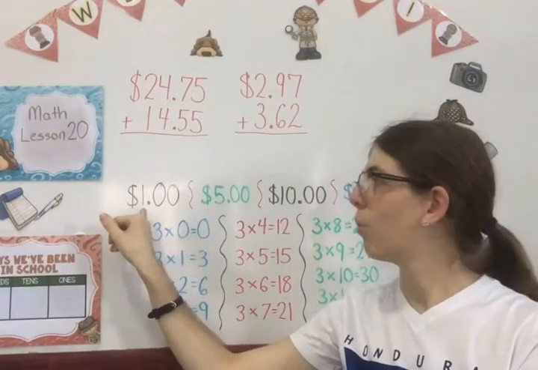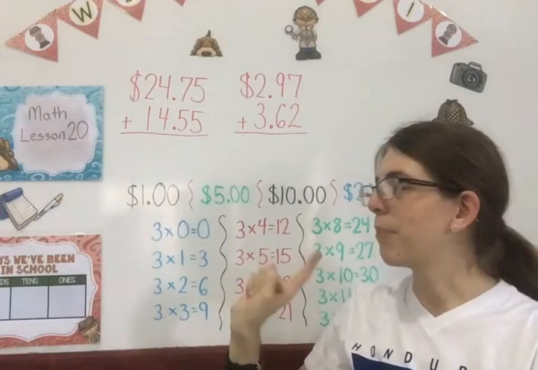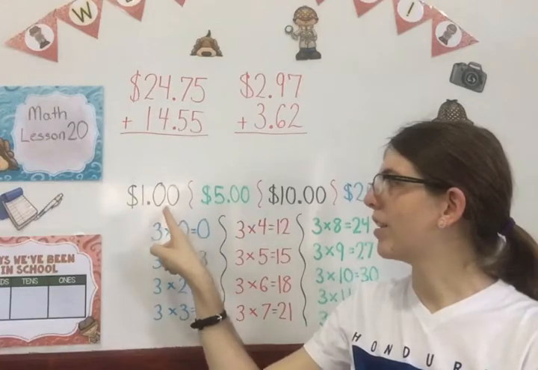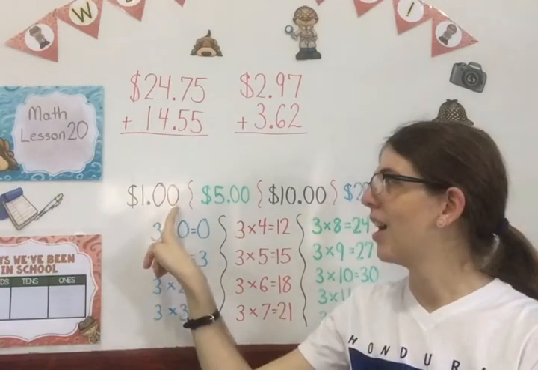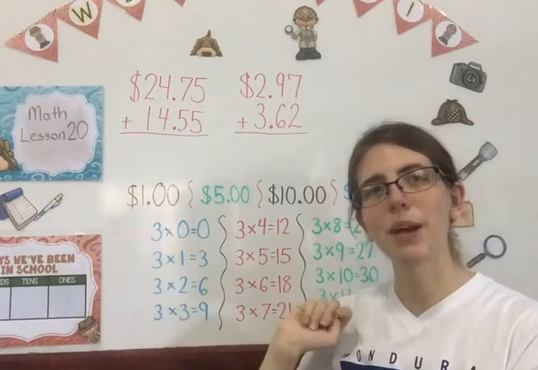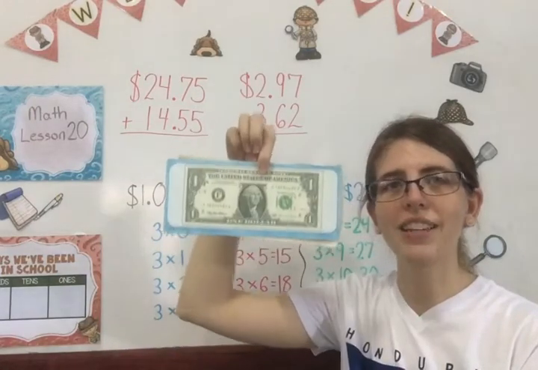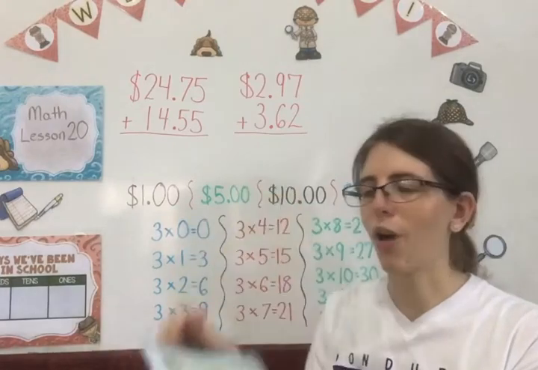But remember, when we write it as dollars and cents, we move our decimal point over 2 places. So that is $1, and it says 1 there with America's first president, George Washington.